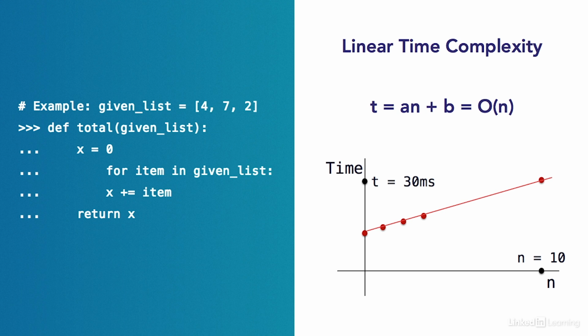Now let's say you're running this function on a computer that's twice as slow as the computer we were using originally. Then this function would take twice as much time. Let's call this new time t2. Everything would be multiplied by 2, so t2 is equal to 2 times n plus 20, which is equal to 2 times big O of n. This is equal to 2n plus 40.